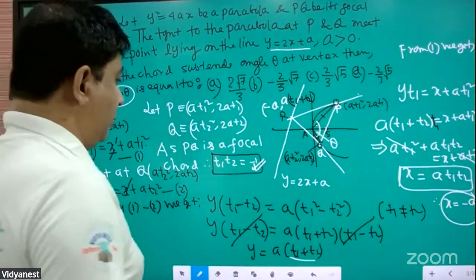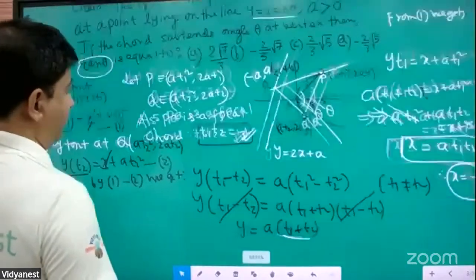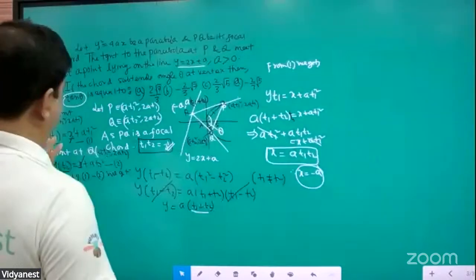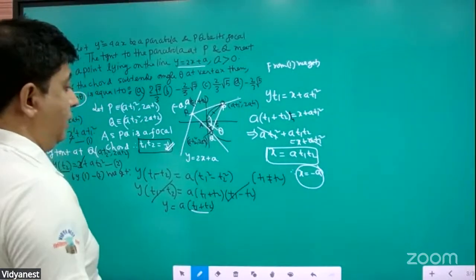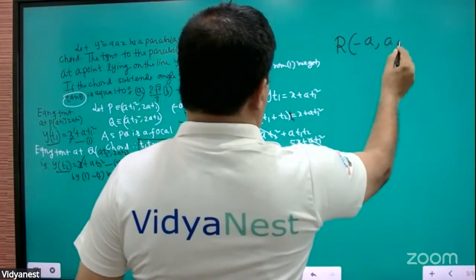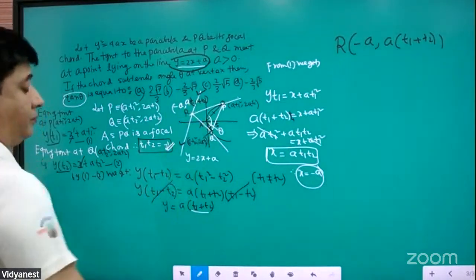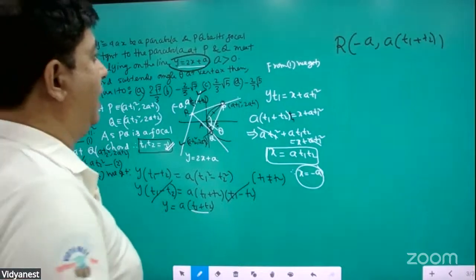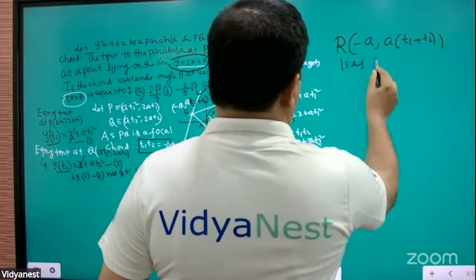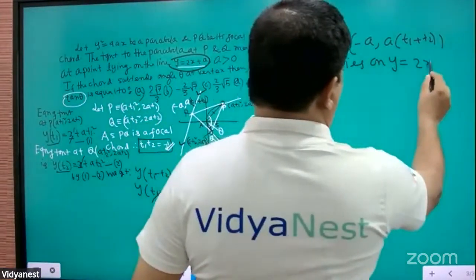Now another thing, we have got the point R. From here, what conclusion can I draw? You observe. This point R has become (-a, a(t1 + t2)). Now R lies on this straight line, y = 2x + a.